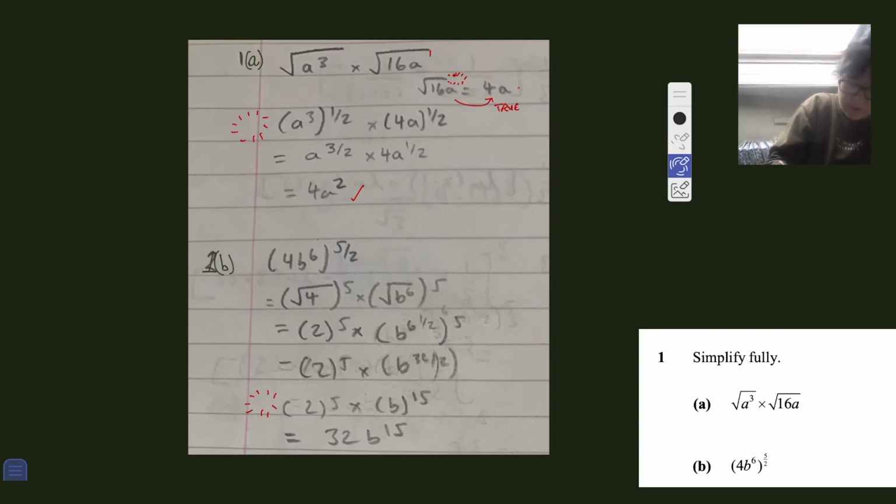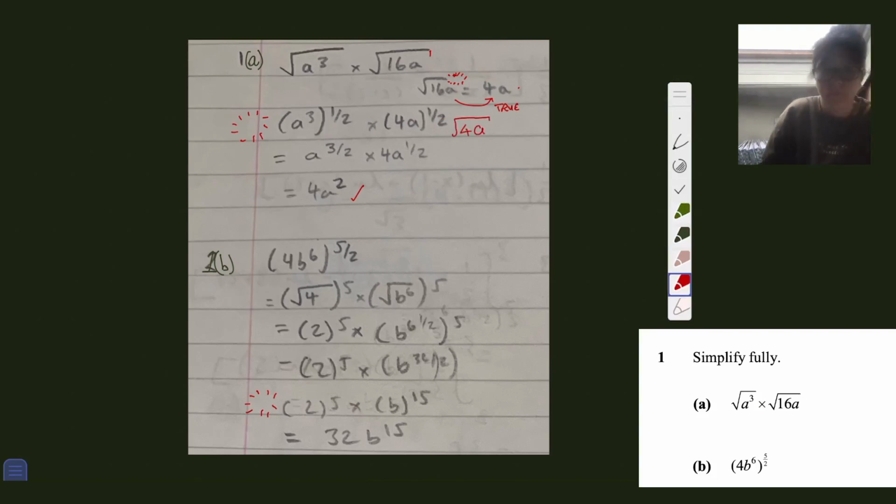So now we are changing. Look what's happened here. This bit says 4a all square rooted. So now what you're writing is this. Now that is not the same as 16a all square rooted.